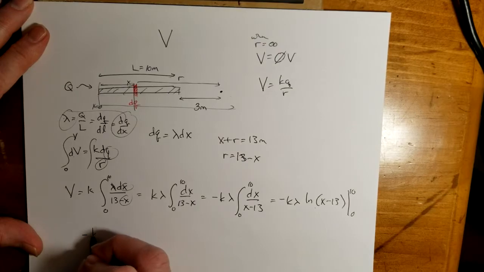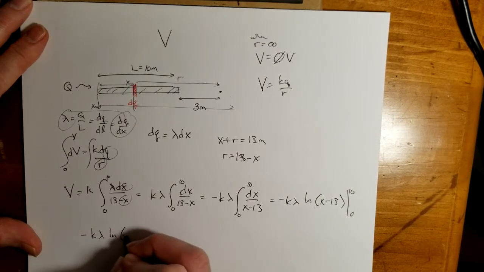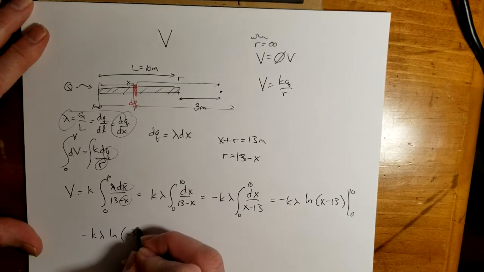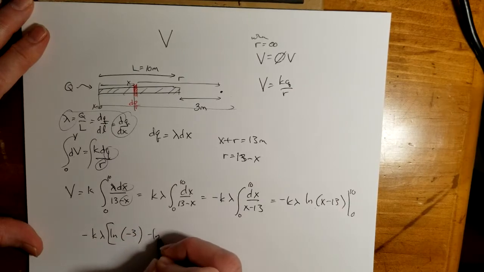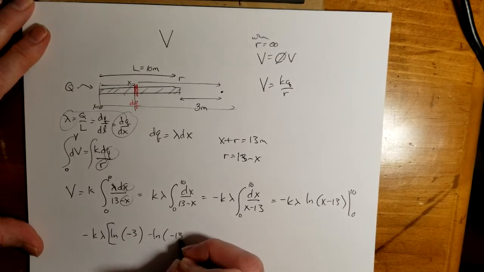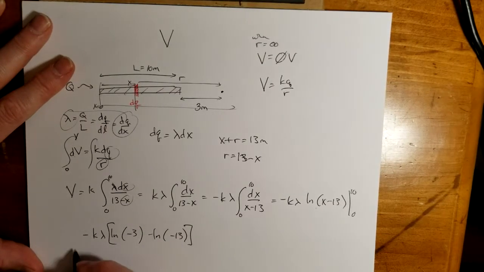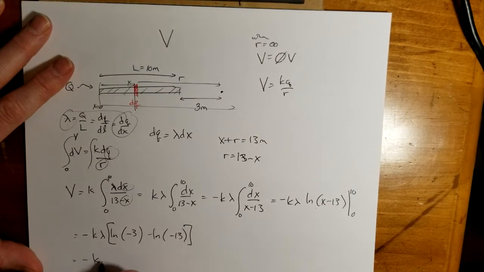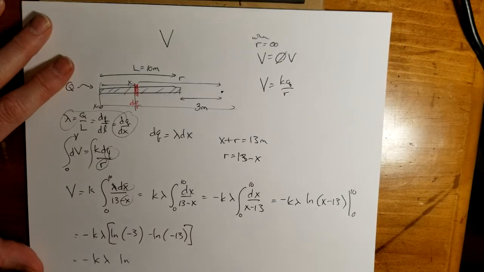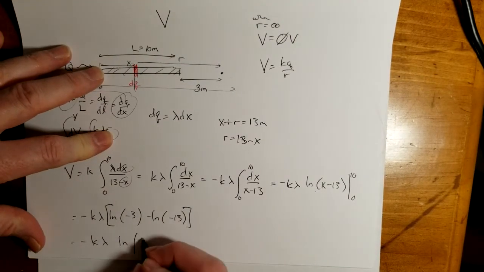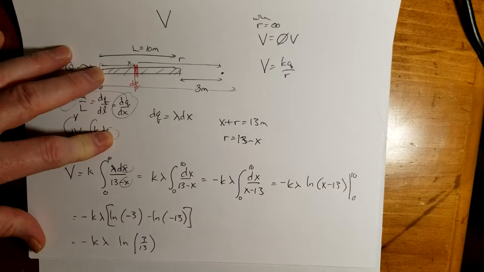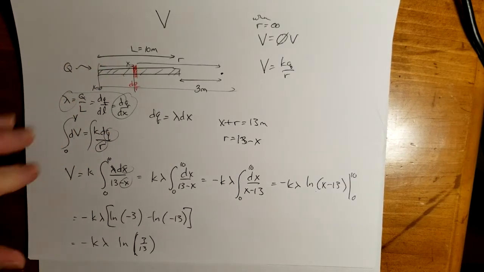And so I have negative k lambda times the natural log of negative 3, minus the natural log of negative 13, which is negative k lambda natural log of 3/13, by the way natural logs work.